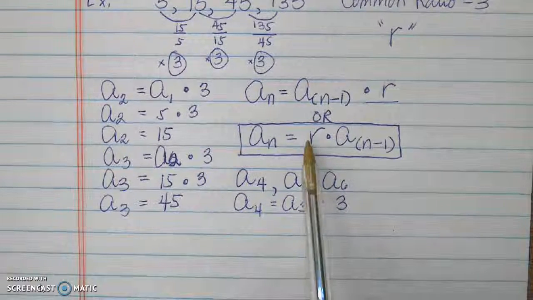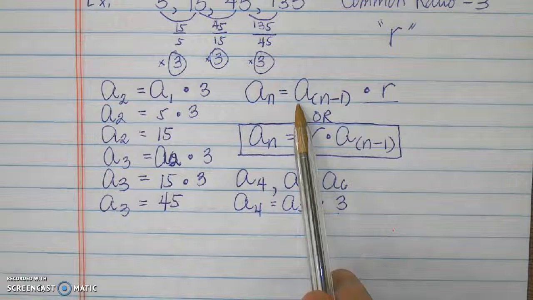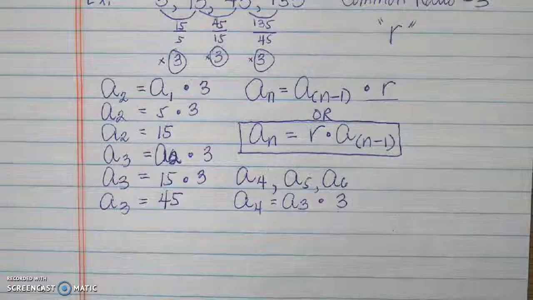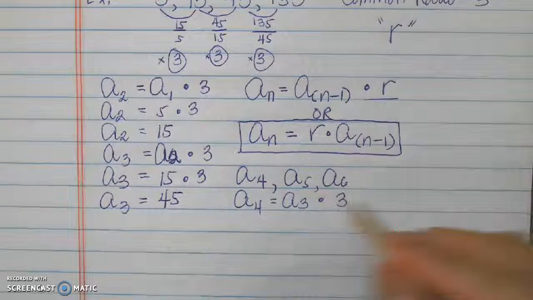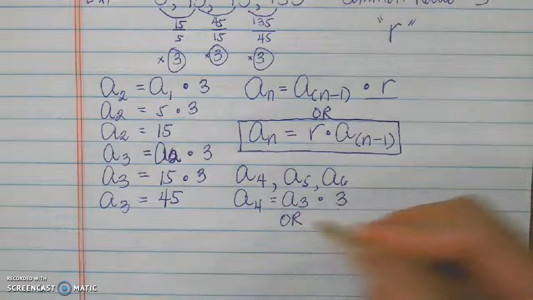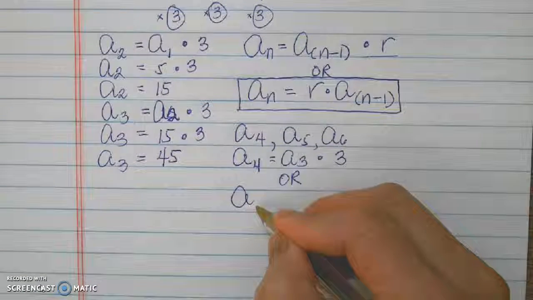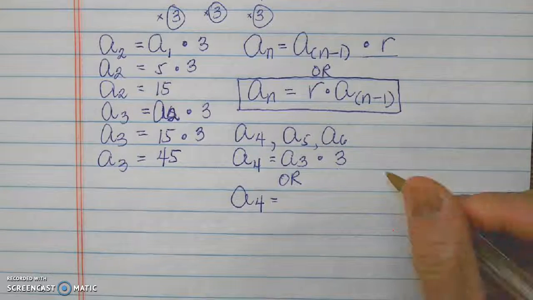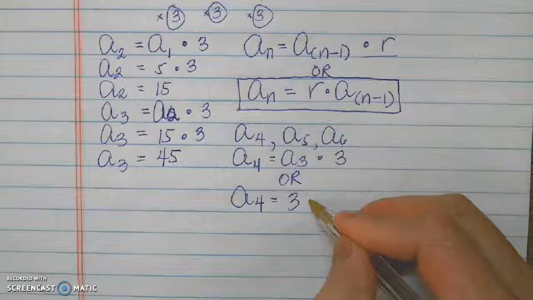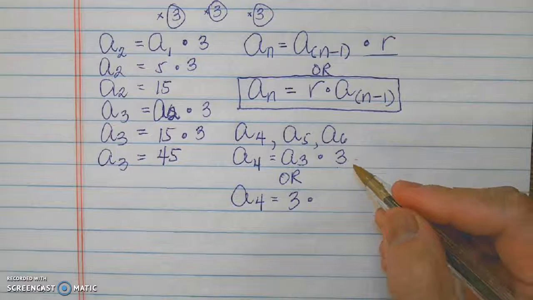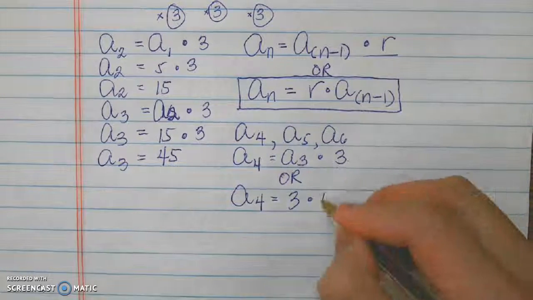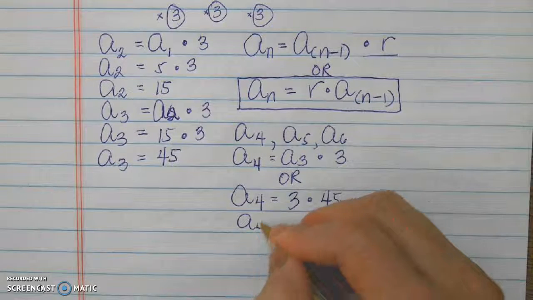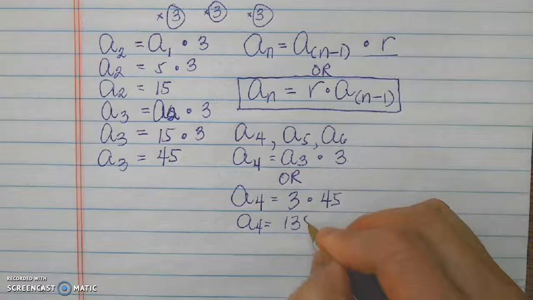However, the formula requires that we put it in the front so it's not confused with this notation. So let me do it the right way, based on the formula: 3 in the front times my A3, which is 45. So my A4 is 135.